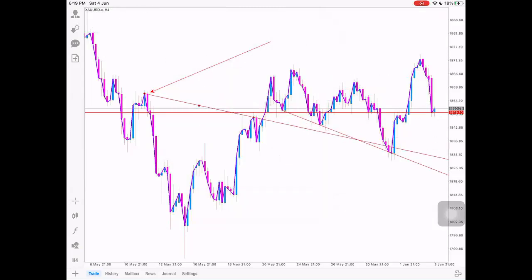It almost touched anyway. Was that another type of trend line that you would be looking at at some point? That is a type of trend line, but to me, that isn't a reversal trend line.